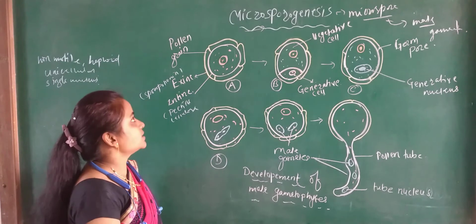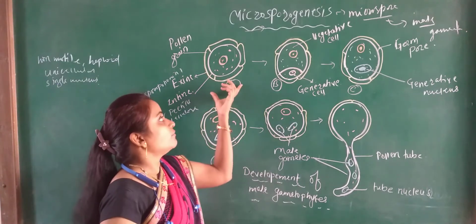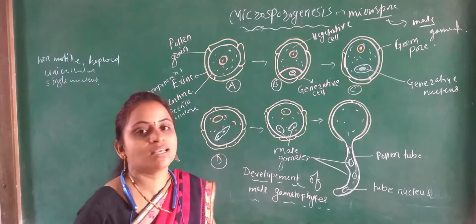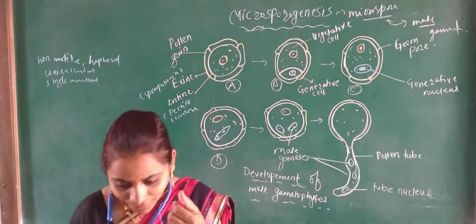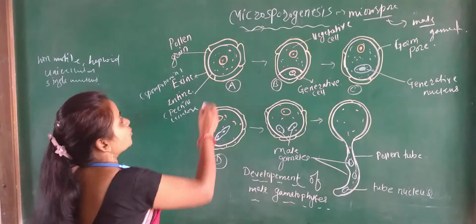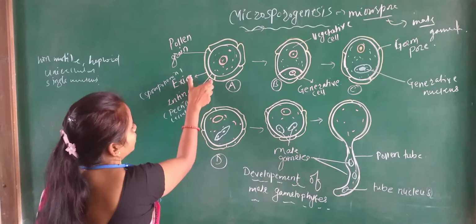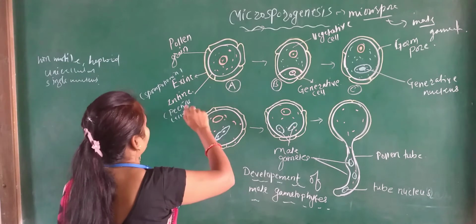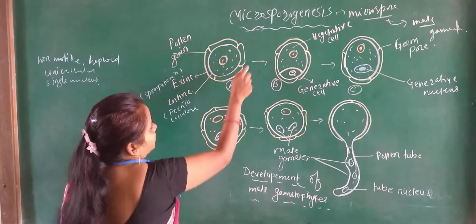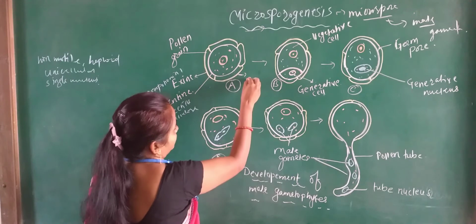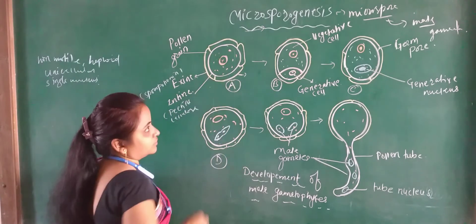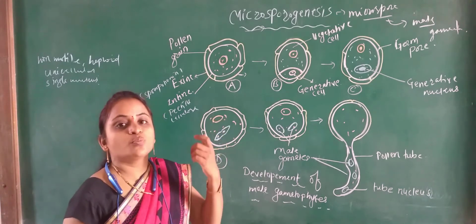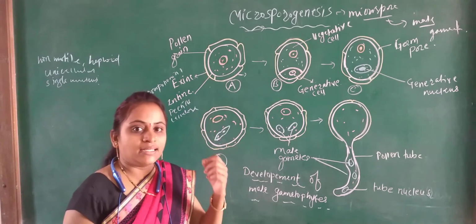Then another important thing is that the microspore develops into the pollen grain, and this pollen grain is made of different layers, called the sporoderm. The sporoderm is made of two layers, exine and intine. The inner white layer that is seen is the intine, and the outer yellow layer is called the exine. So the pollen grain contains two layers, that is the sporoderm, having exine and intine.